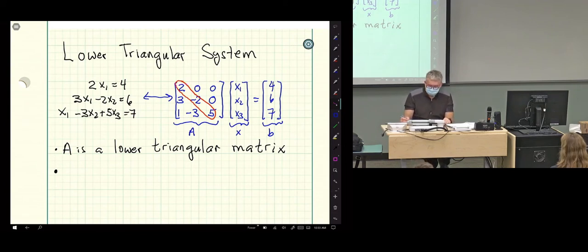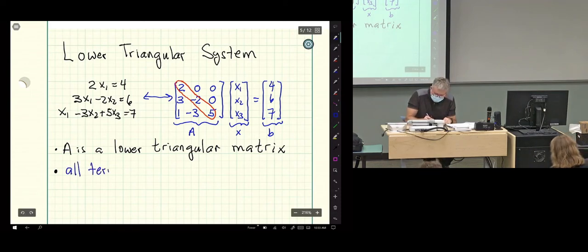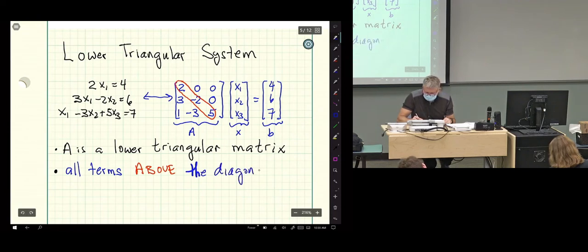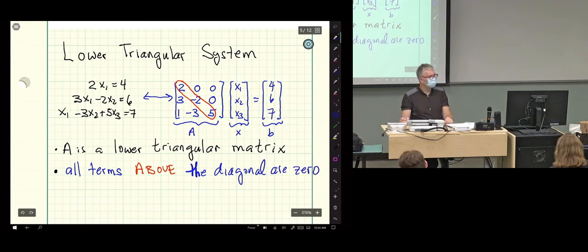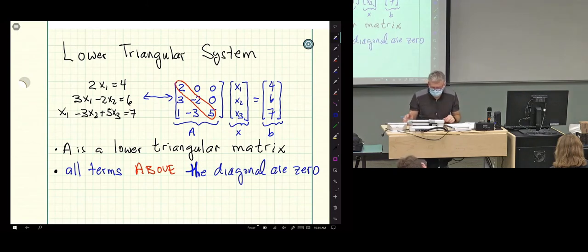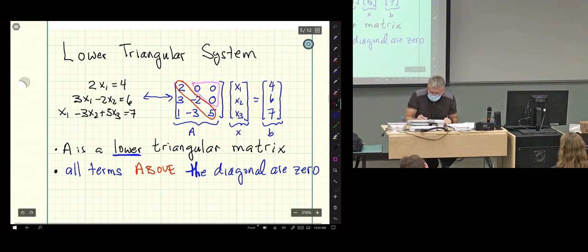So lower triangular: all terms above the diagonal are 0. Okay, so that's how you define a lower triangular matrix. You look at the diagonal, and then you need to look at everything that is above the diagonal. It needs to be 0.